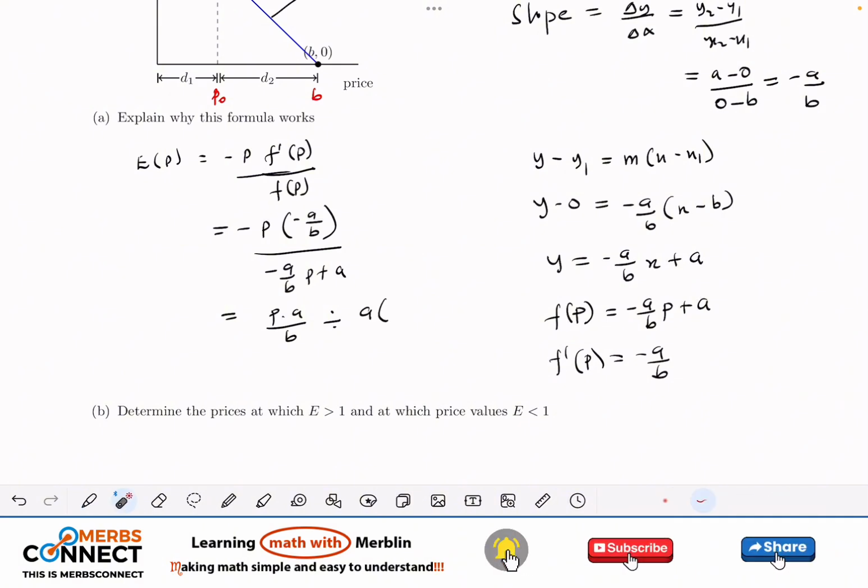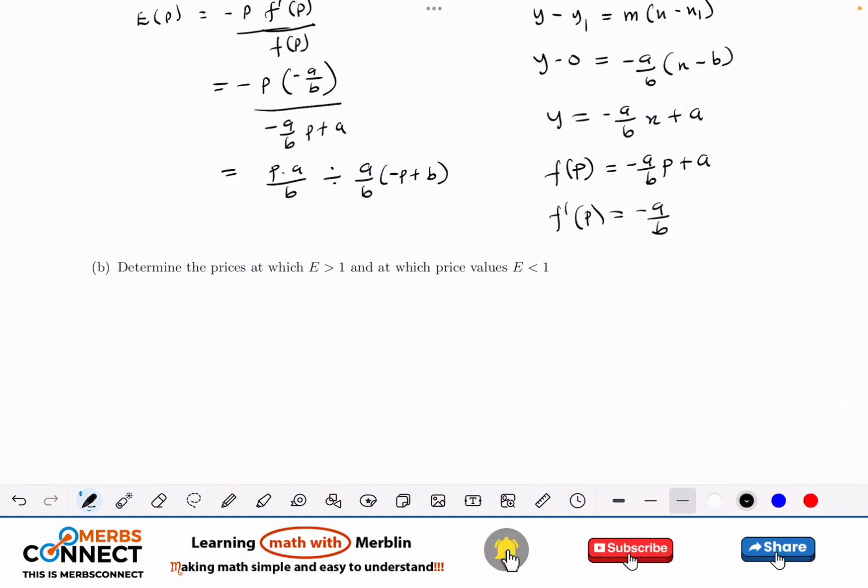So when I factor a over b out, inside we'll be left with minus p plus 1 plus 1 over b, because if I factor a over b out, here we'll be left with this. Here we have the a, but we don't have the b there, right? So I need to make sure that I have b here, so that when I multiply this one by this, b will cancel the b and it will be left with the a.